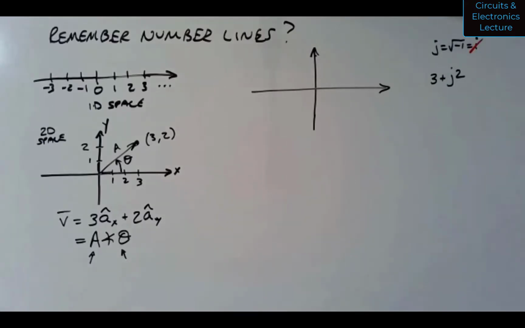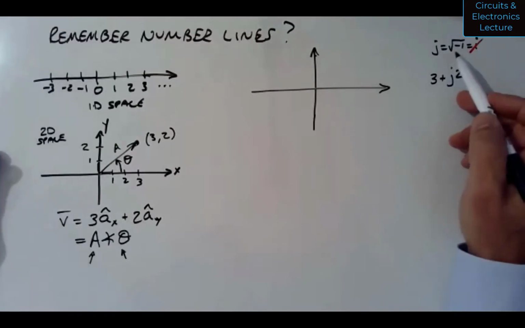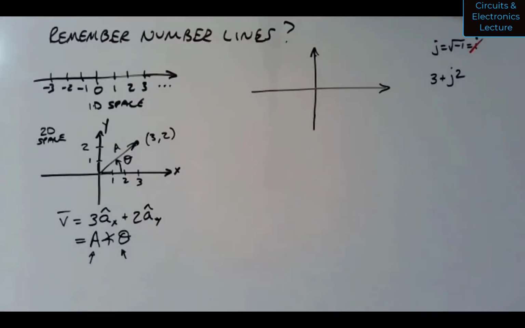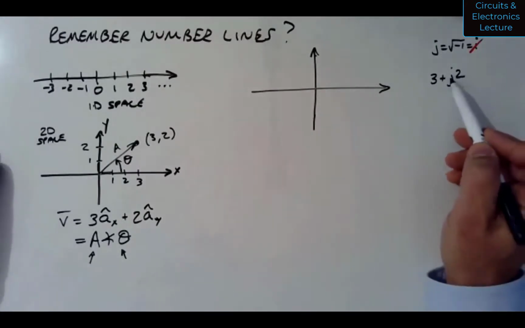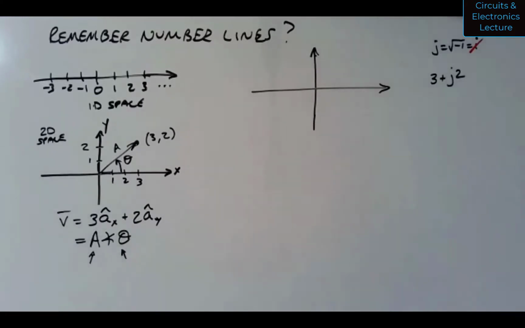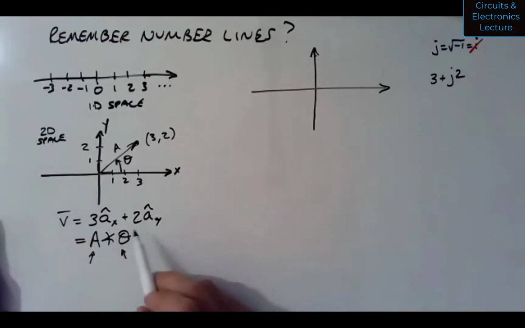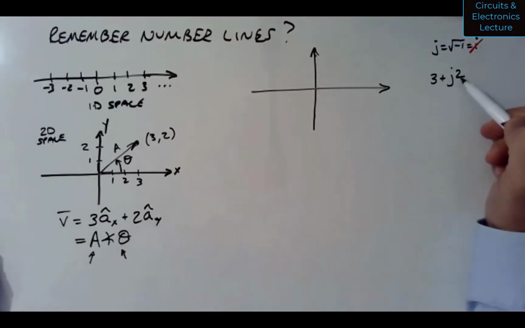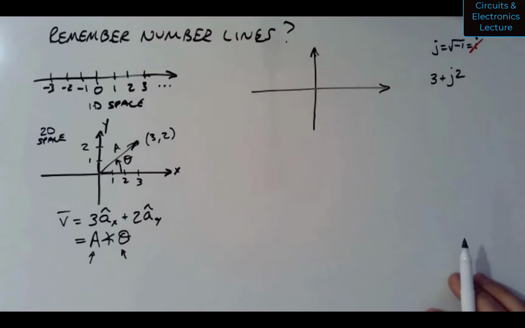You'll think it's current and it's not. It's a complex number, it's square root of -1. Okay, so you could write this J2 or 2J, it doesn't matter. I'm used to writing this as J2.